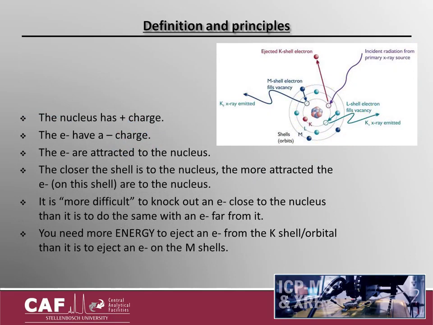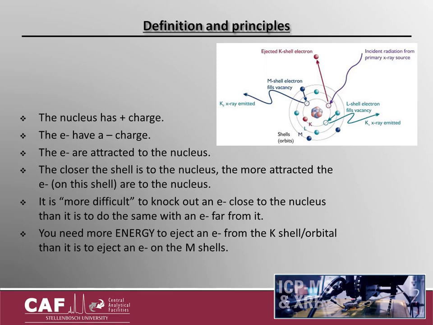Since the nucleus is positively charged and the electrons negatively charged, the electrons are attracted to the nucleus. The closer the shell with electrons is to the nucleus, the more attracted the electrons are to the nucleus. It is described as having a high binding energy. It is more difficult to remove electrons in shells close to the nucleus than other electron shells further away.